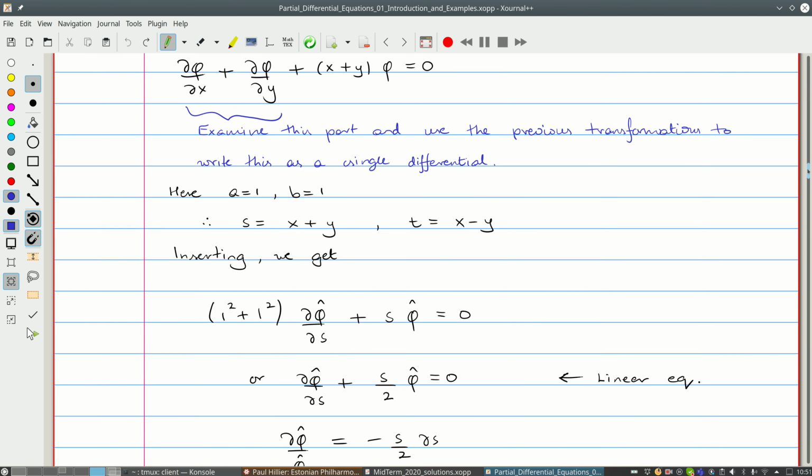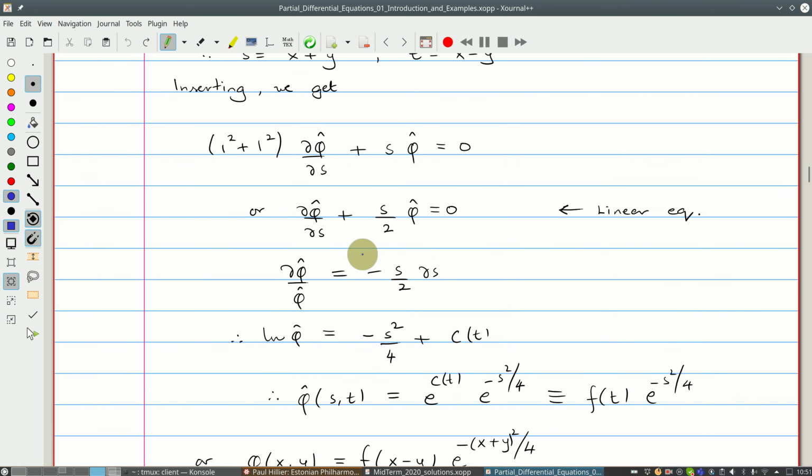This is the linear equation which can be solved quite easily, and you end up with the solution. φ hat of s and t is the exponential of some function of t times e to the minus s squared over 4. Now where does this function of t come from?